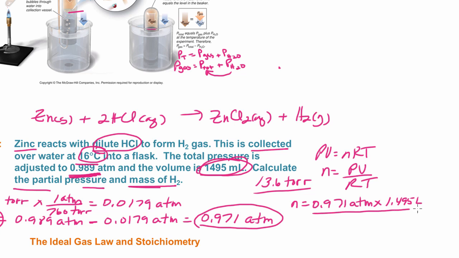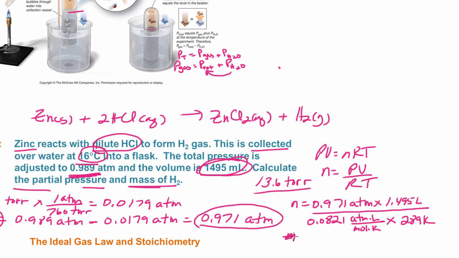When we divide that by R, 0.0821 atmosphere liters over mole kelvins, and our temperature is 16 degrees, and in Kelvin that is 289 Kelvin.